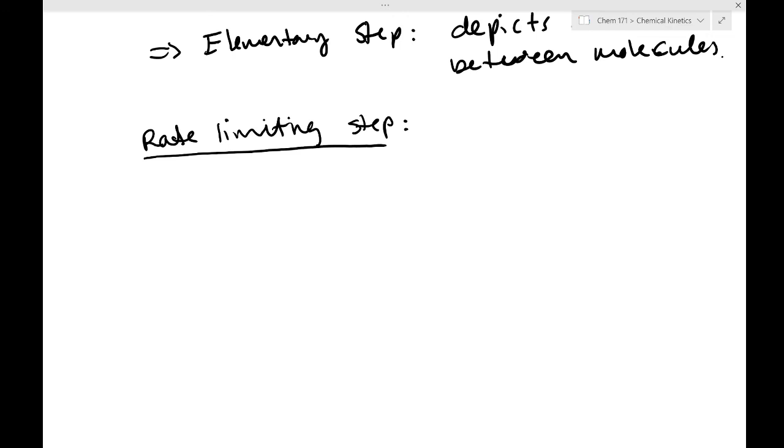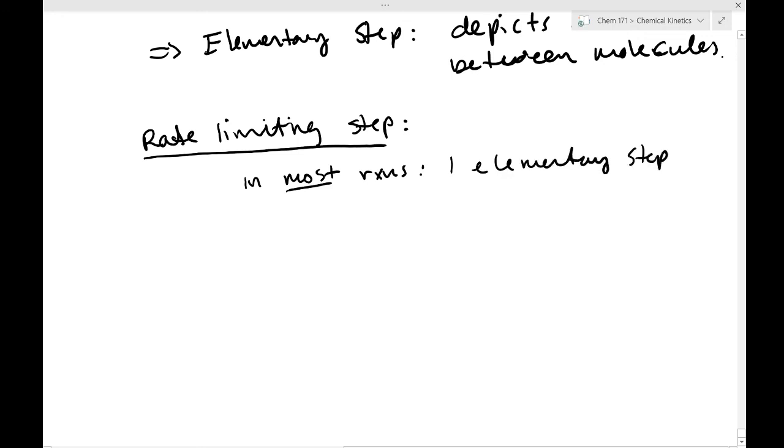Now there is one particular step, and this occurs in most reactions, that is very slow compared to the rest.